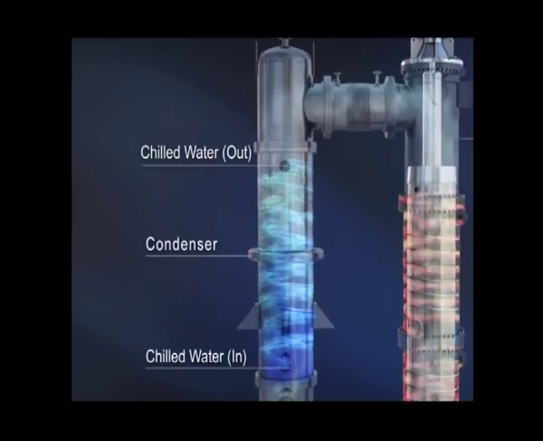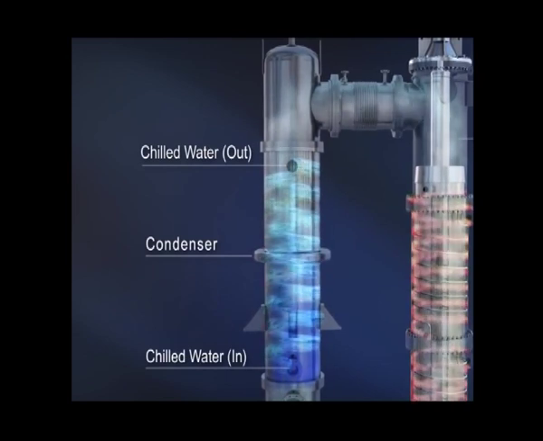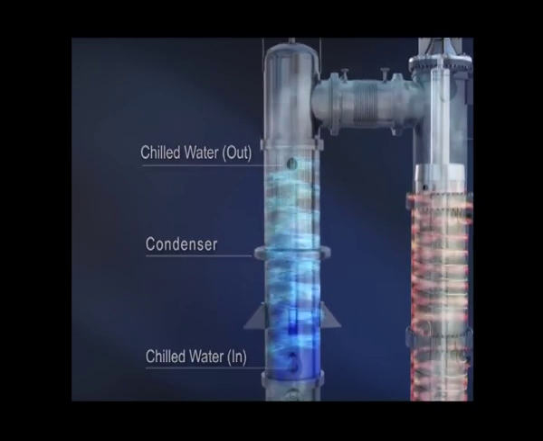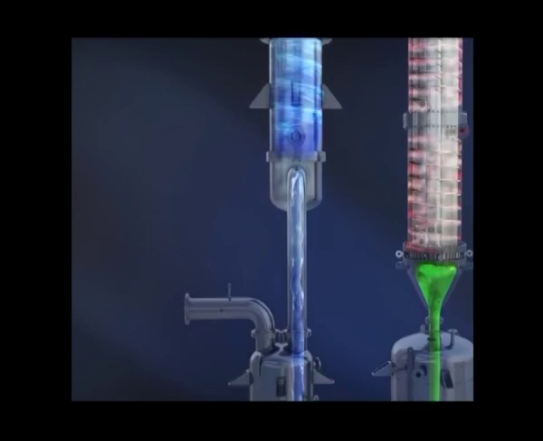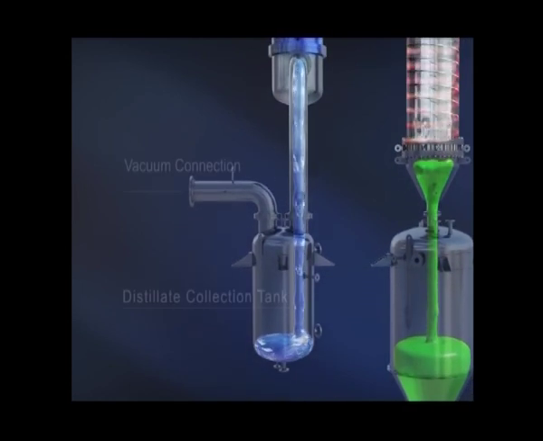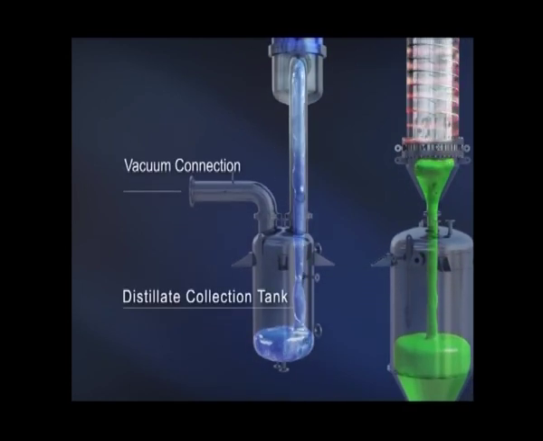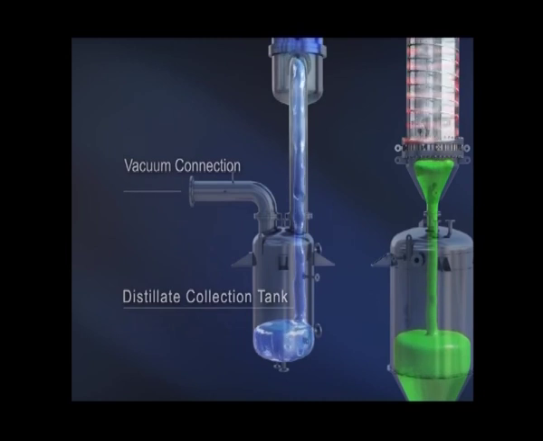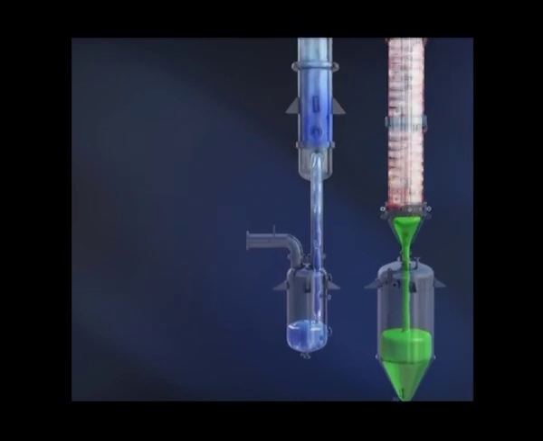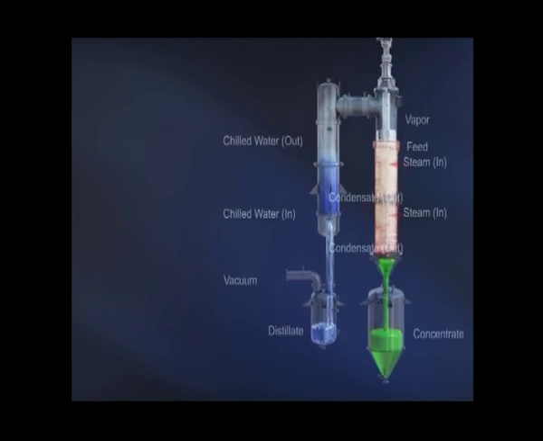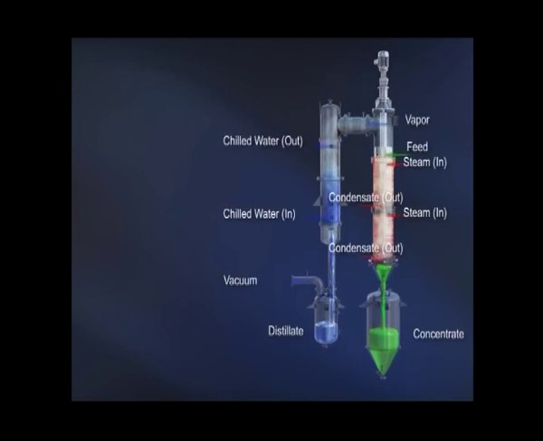Concentrate leaves from the bottom of the evaporator with a fraction of residence time and vapor passes into the unjacketed vapor separator. The major disadvantages are high initial cost and maintenance of the moving parts. Also, the capacity of a single unit is very low compared to multi-tubular evaporators.